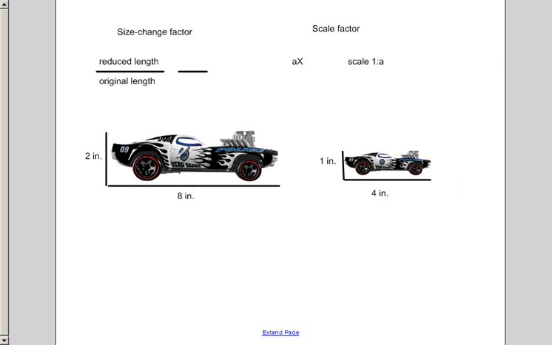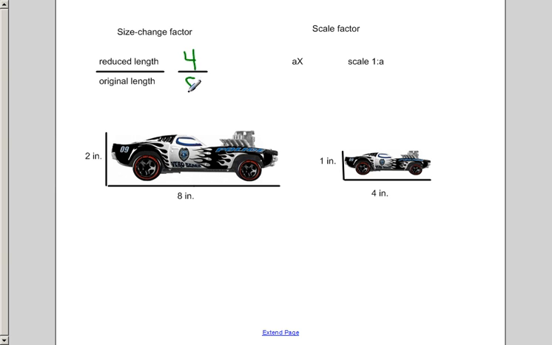Now, if we start off with a larger object and we end up with a reduction, or a smaller object, then it's very similar. But now for our size change factor, we have our reduced length, so that's 4, over our original length, so that is 8.